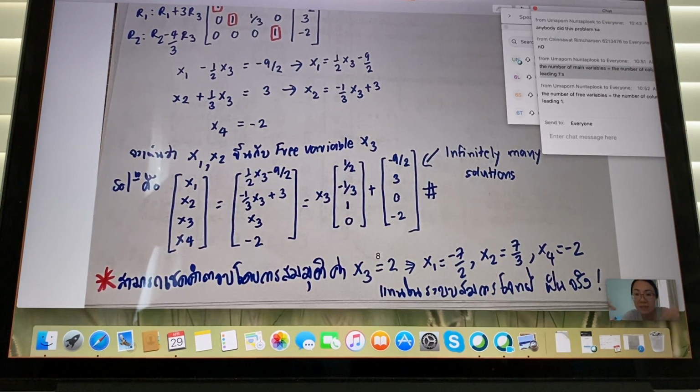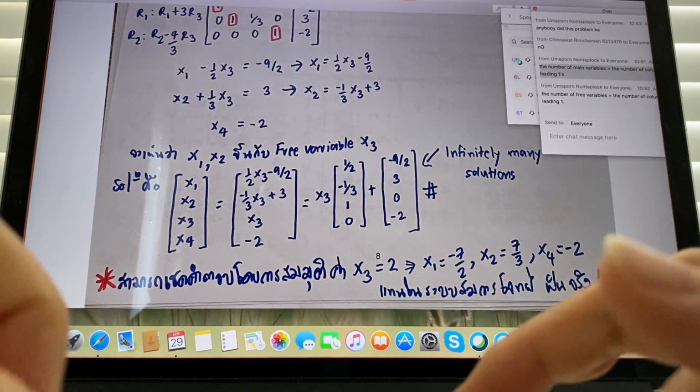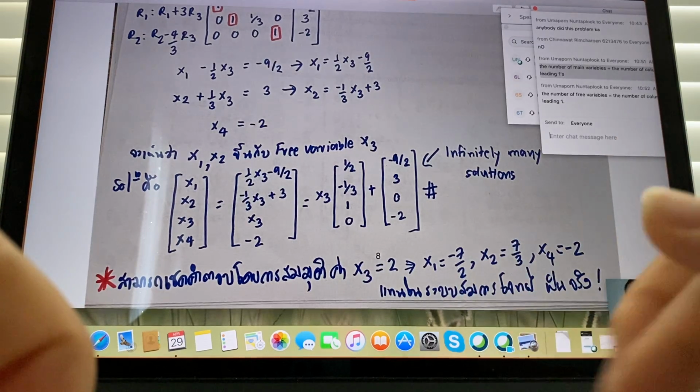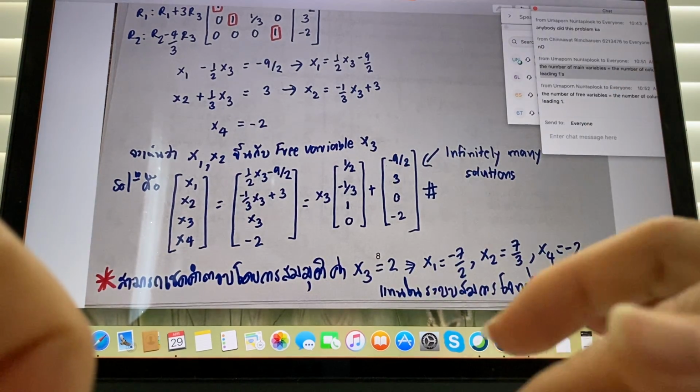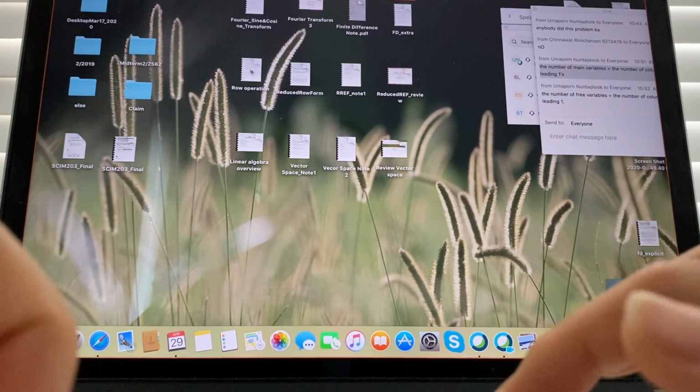If you can't get the right reduced row echelon form, you cannot tell me the rank, the nullity, the dimension. There are going to be so many problems after that. Therefore, I just have to go over this again to make sure that you understand all the steps of getting the row echelon form.